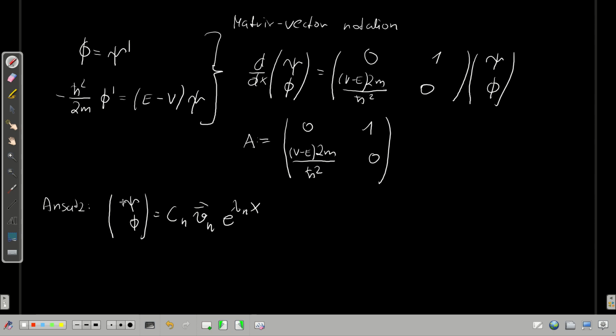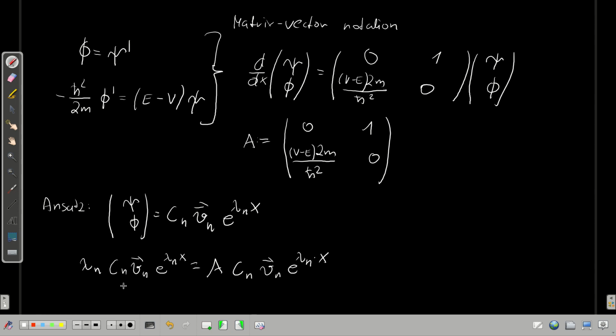So if I plug this ansatz into this matrix vector notation above, I get lambda n, because here on the left side we have to take the derivative of this vector ansatz, which is lambda n times Cn Vn vector e to the power of lambda n times x equals A Cn, so this vector ansatz again, Vn e to the power of lambda n times x.